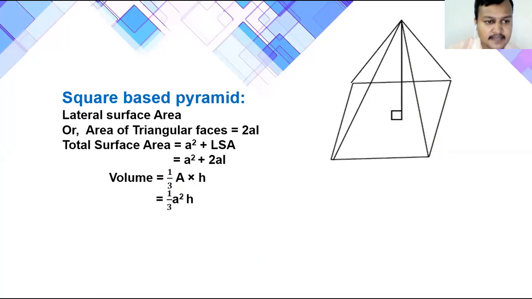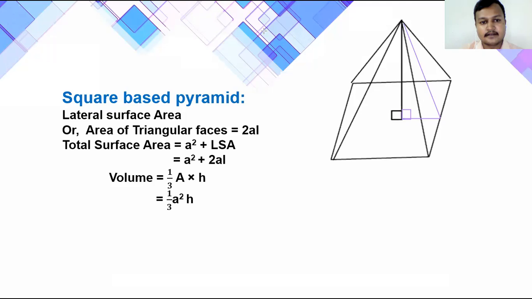And some other things, as with the cone, that means the formulas obtained by using Pythagoras theorem, also we have to learn here. Look at this triangle here. We have to look at 2 triangles now, not a single one. Look at the triangle formed inside the pyramid.